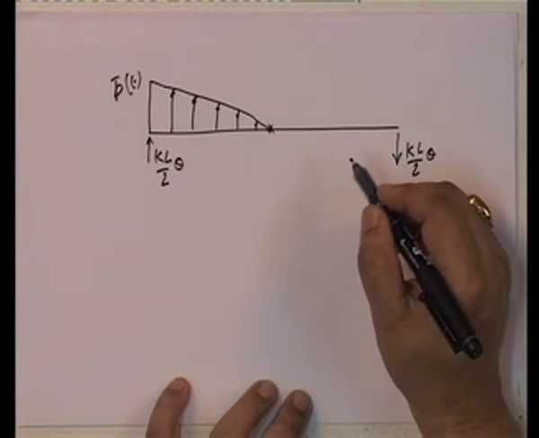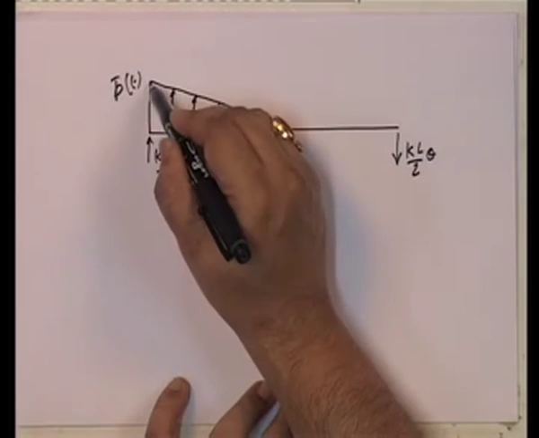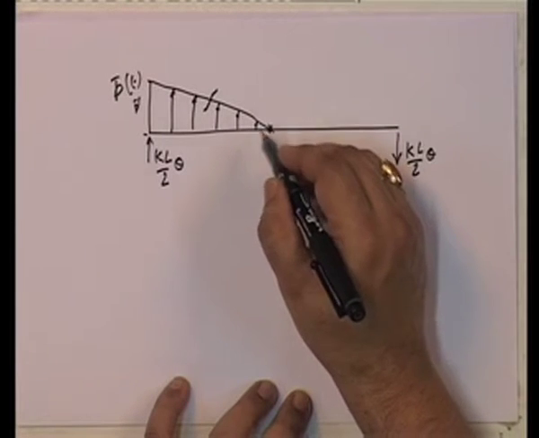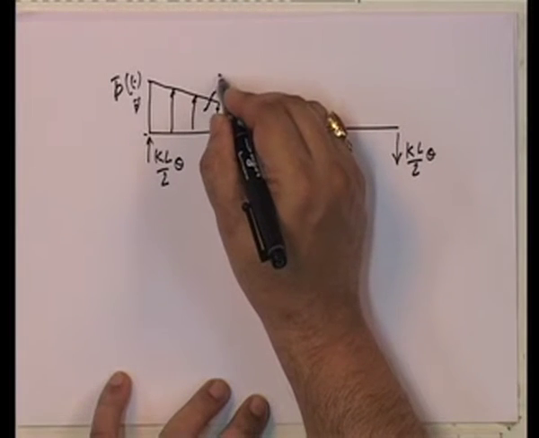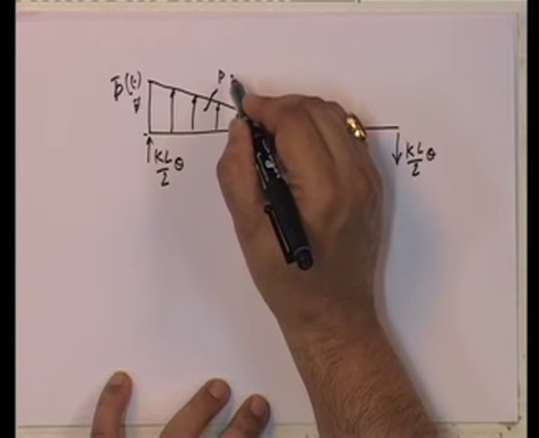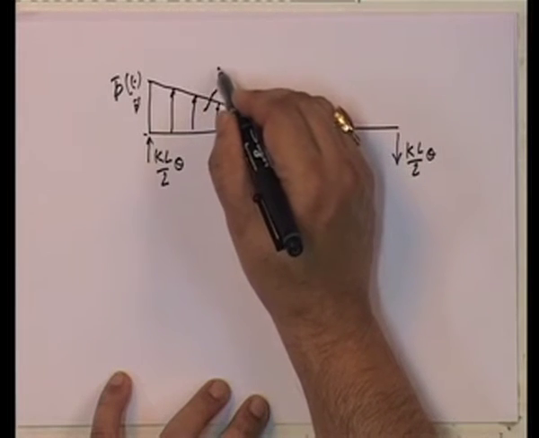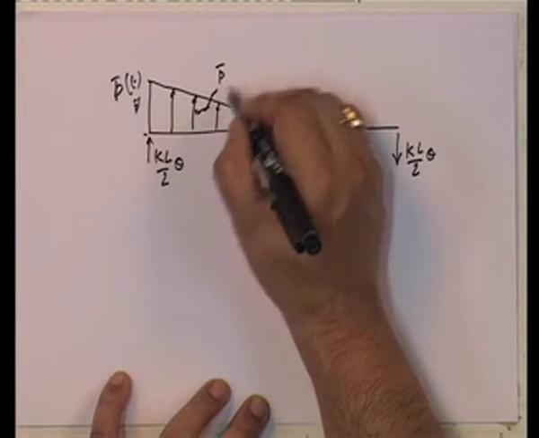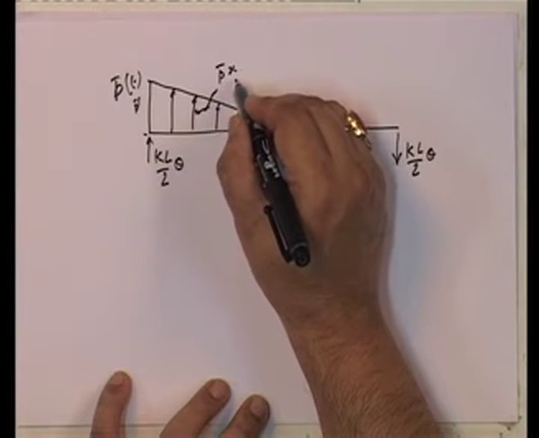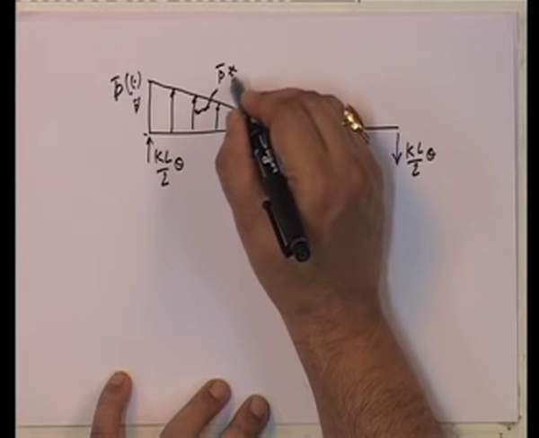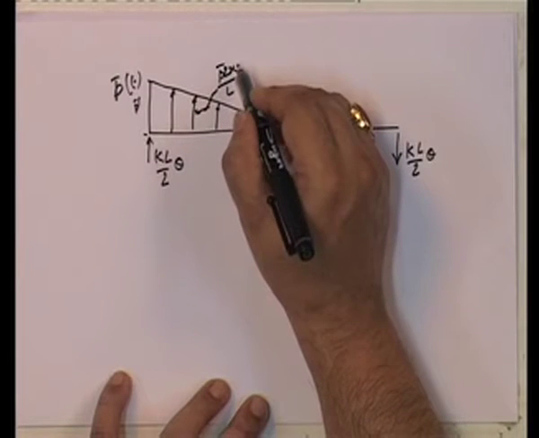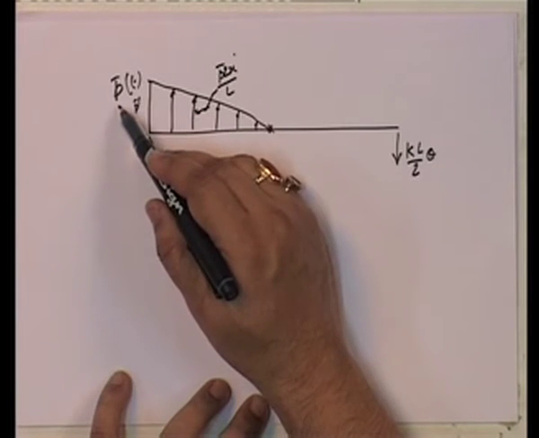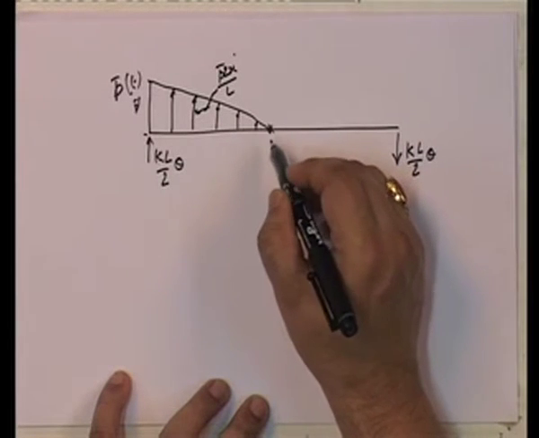So, at any point the intensity is given by p bar into 2x upon L. Look at it, because if you put x equal to L by 2, this becomes p bar.